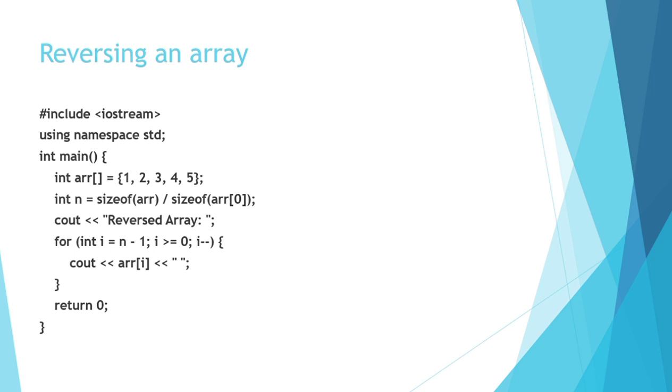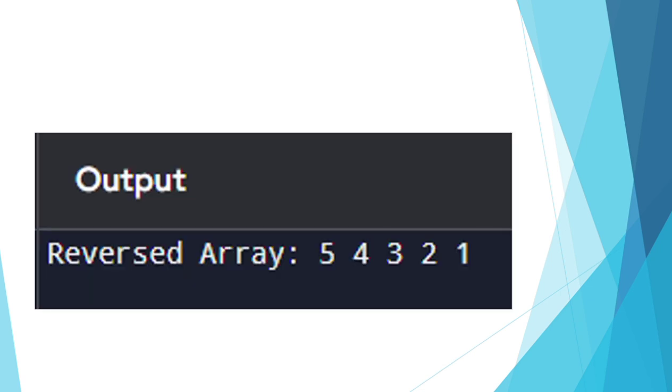Inside the loop, cout << arr[i] prints each element at index i, separated by a space. Since the loop iterates from the last element to the first, the output will be reversed array, 5 4 3 2 1. This approach efficiently reverses and prints the array without modifying the original array. After successful execution, output will be like this.